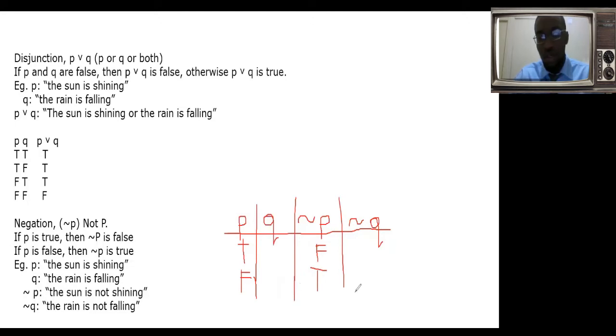Right? That's just the opposite. Likewise for Q, we can do the same. So we have true and we have false, and the negation of true is false and the negation of false is true. And so this would be the truth table of the negation. All right? Simple as that, very easy.